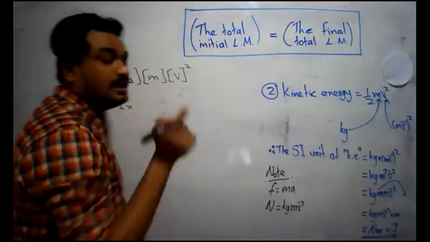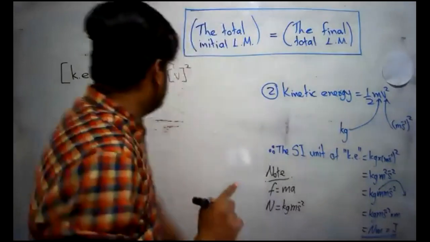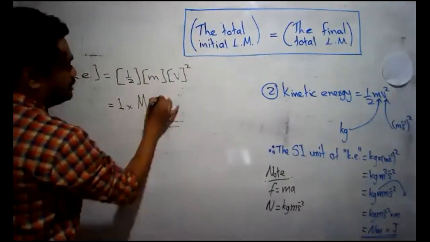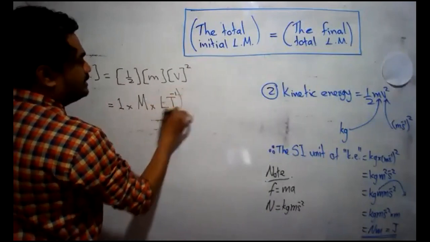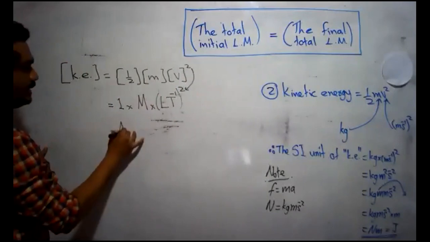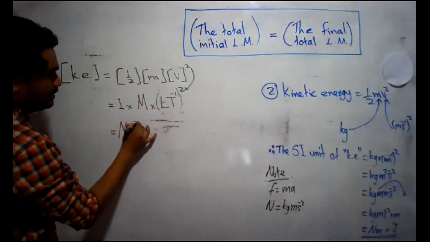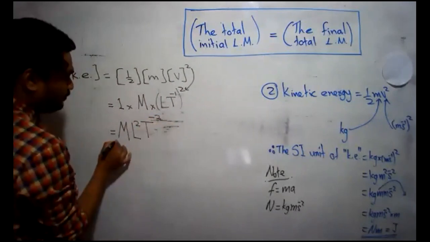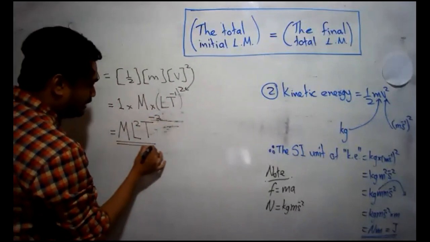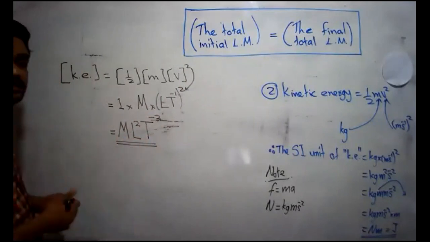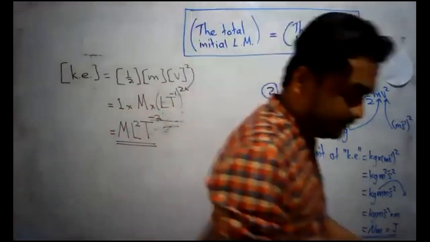Then the dimension of mass is capital M, and the dimension of velocity is LT minus 1, but the square is there, you see. So finally we get M L square T minus 2. What's the dimension of kinetic energy here? ML square T minus 2. Complete it there.